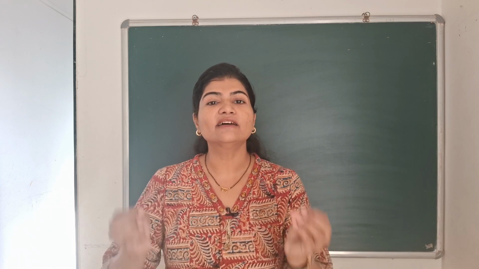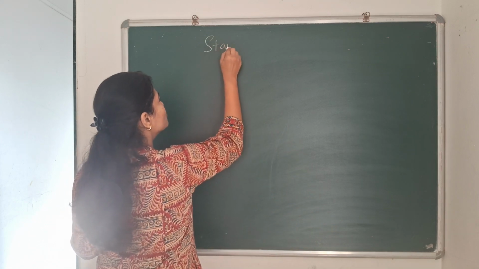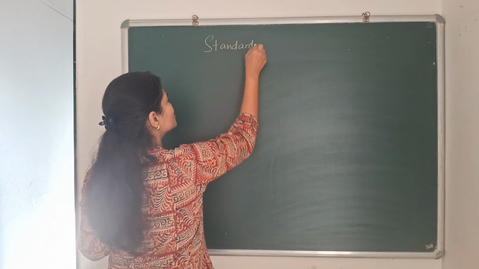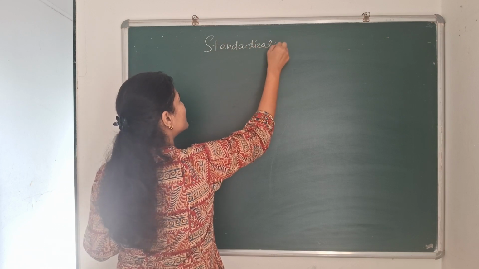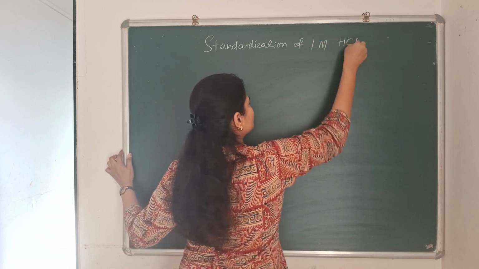In standardization, we determine the concentration of a secondary standard substance by comparing it with a primary standard solution. In this video, we will be talking about standardization of 1 molar HCl solution. Now, HCl, hydrochloric acid, is a secondary standard substance.